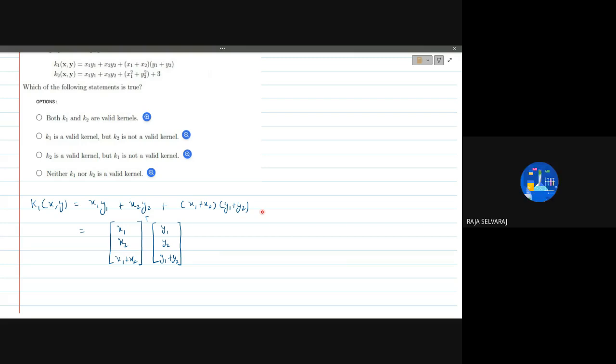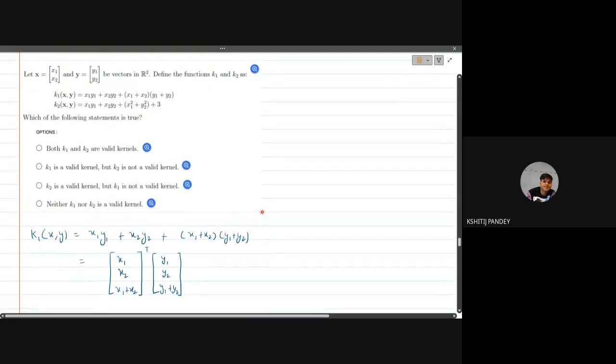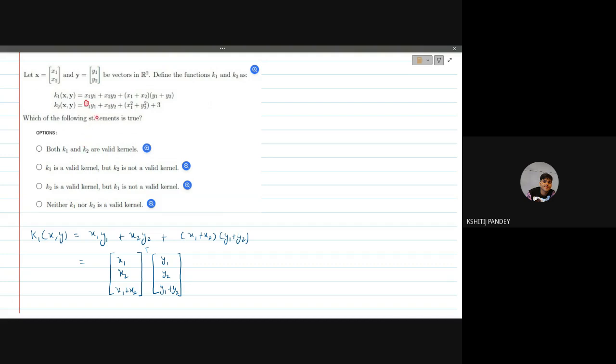Okay, got it. Whereas if you check for x2 k2, this you can make part of the x vector, but here the problem is, how will you split this? You can split this into root 3 into root 3, but this is not symmetric, right?